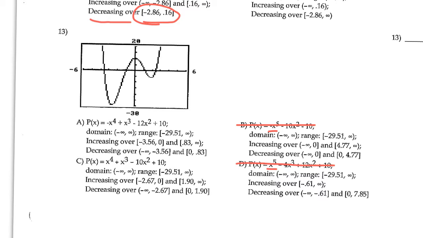And then we're left with A and C. Okay, and then simply put, if we're left with A and C, if we notice that A has a negative coefficient on the dominant term, therefore the ends should both be going down instead of both up. So the answer is C.